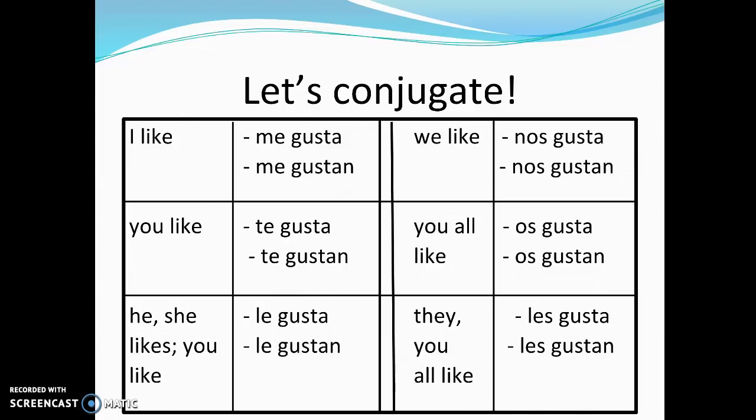You all like, only used in Spain for this specific form, os gusta, singular, os gustan, plural. And then they like, or you all like, that's used pretty much everywhere else, is les gusta for the singular form, and les gustan for the plural form.